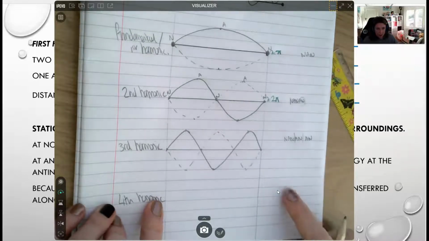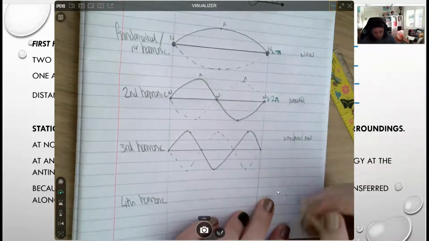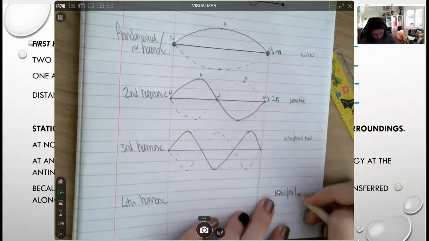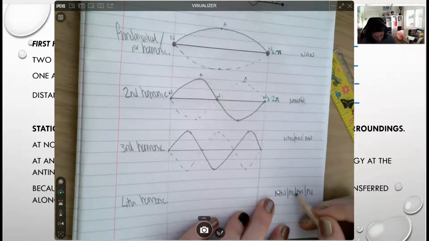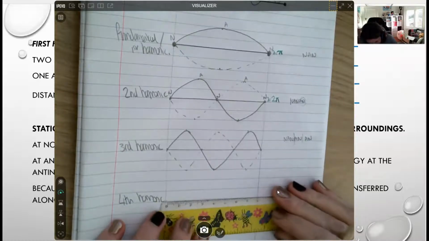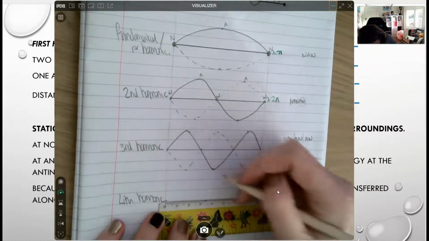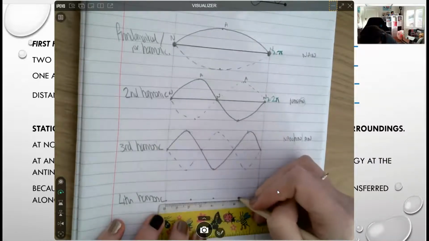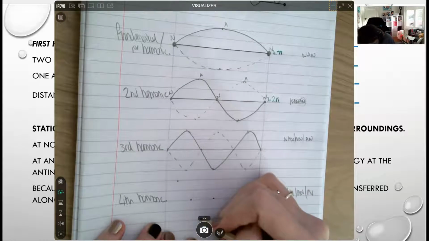Okay, so I'm going to add another antinode on the end here. So I've got node, antinode, and it's the fourth one, and so I've got 1, 2, 3, 4, 5 nodes. There's going to be 1 in the middle, 2, 3, 4, 5. Plot my maxima and minima.